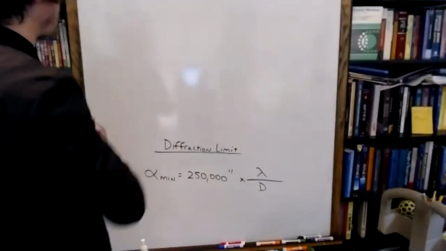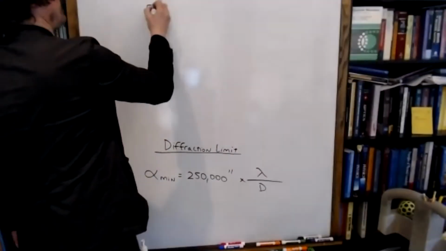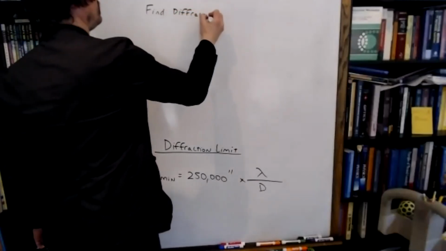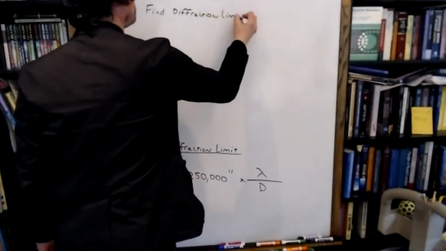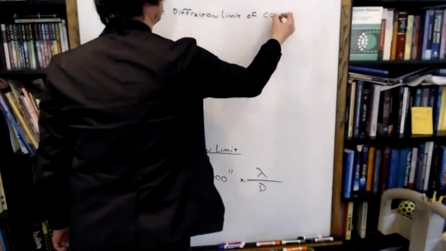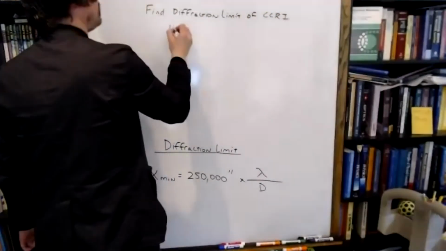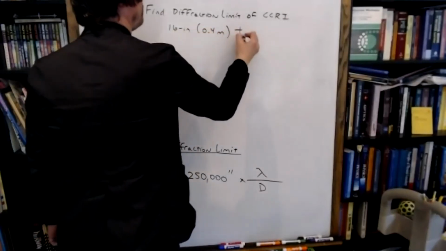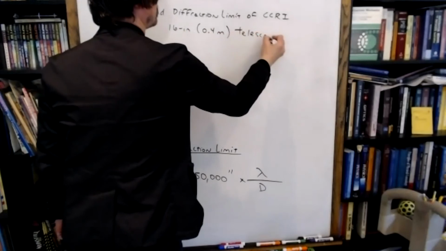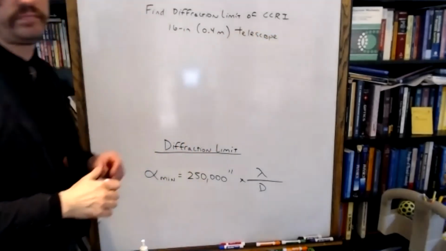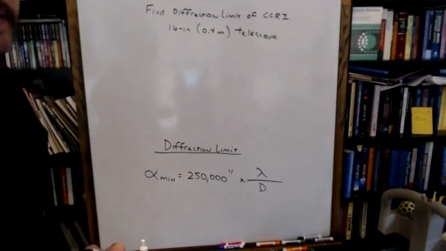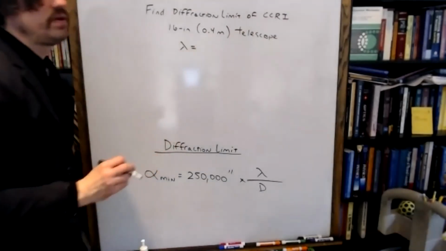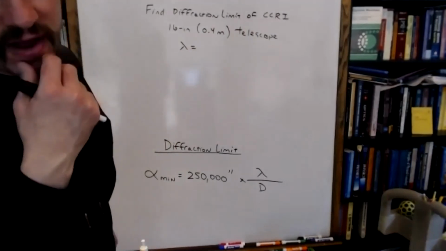So what I want to do is find the diffraction limit of the CCRI 16-inch, 0.4 meter telescope. We down with this? The wavelength of observation is optical. So what do you think would be a good number to use for optical wavelengths?